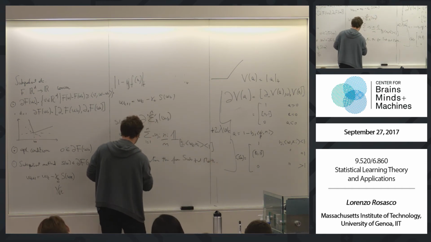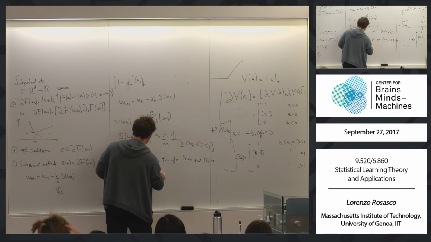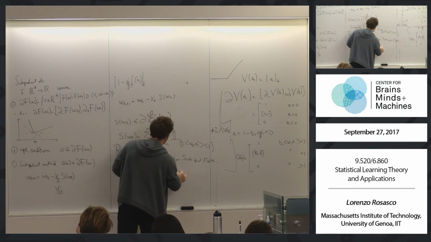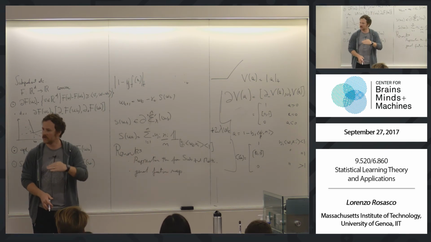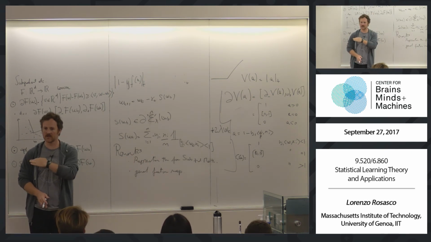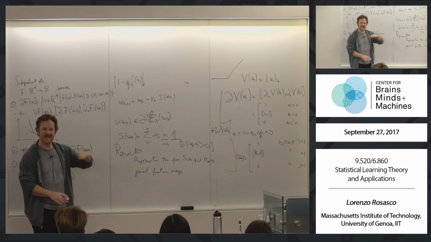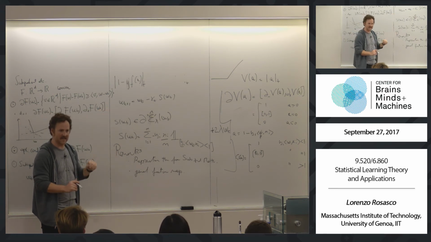You can do a general feature map. And these two things have the same structure and reasoning as the logistic loss. So if you follow that, it's exactly the same.